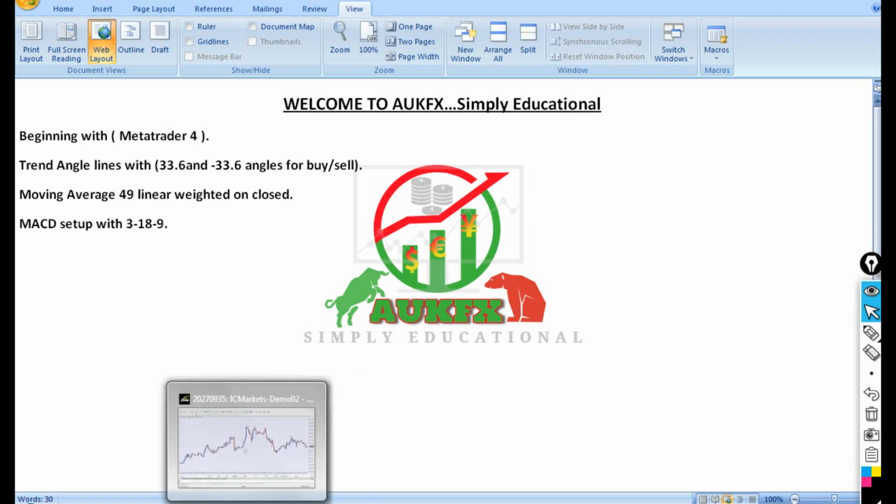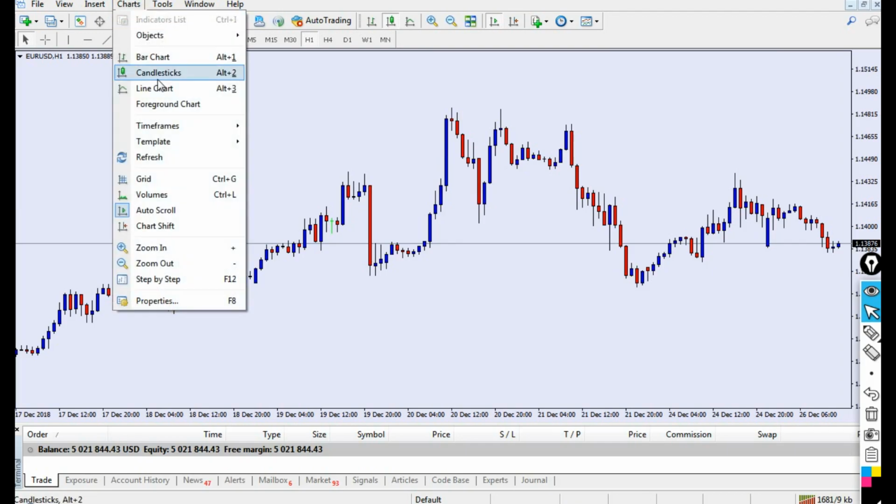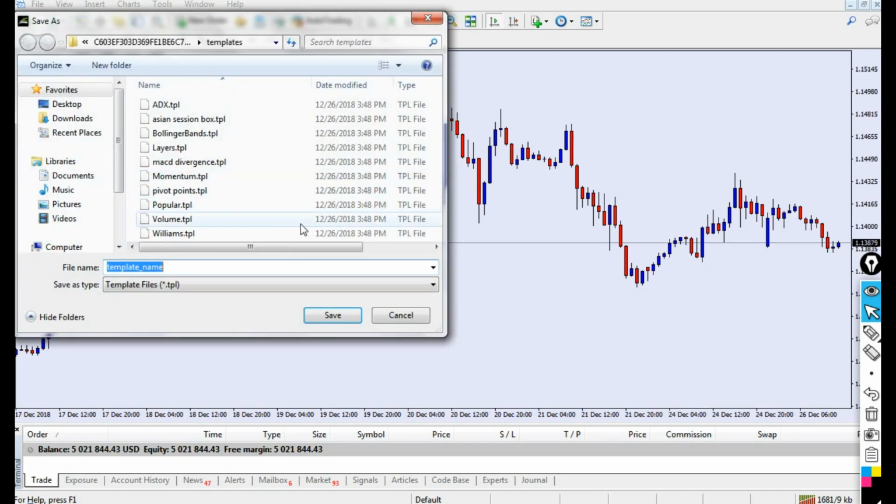If you see this, how quickly I made this a template, right? I'm making this template for another chart. I go to the template and I save the template as my name, Aman Simple.